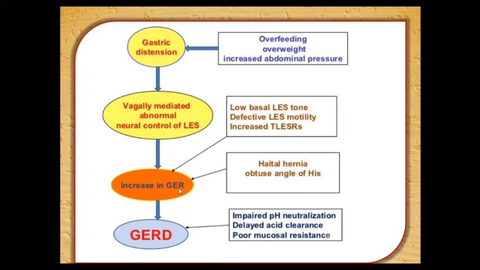So remember, the main stimulus is gastric distension, then the transient lower esophageal sphincter relaxation, making the tone less than 4 mmHg, between 0 to 2, with a duration of more than 10 seconds, occurring independently of swallowing.